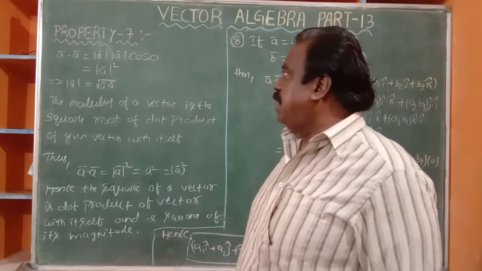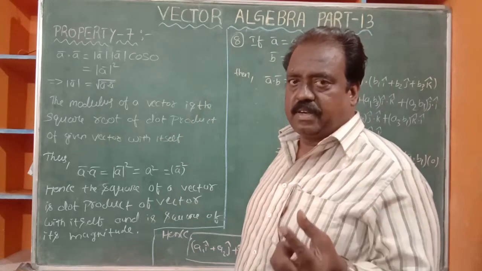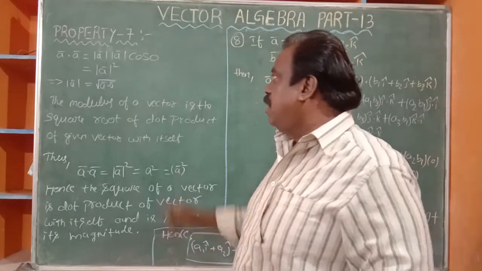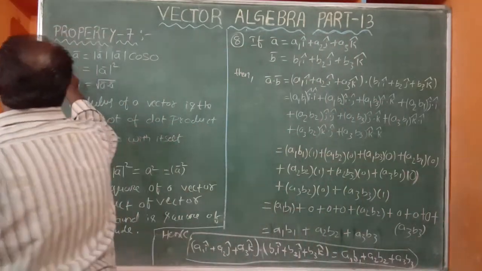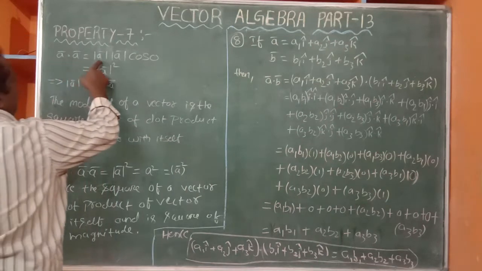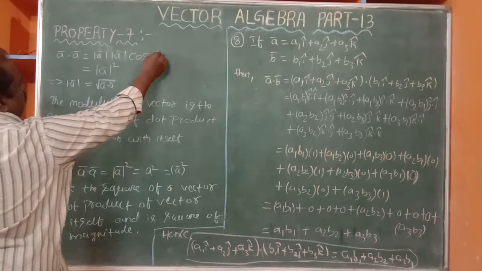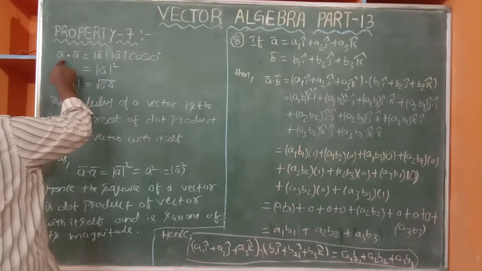A bar dot A bar, the scalar product or the dot product of a vector with itself. A bar dot A bar is modulus of A bar, again modulus of A bar, cos 0. Why? Because the vector is making a dot product with itself.